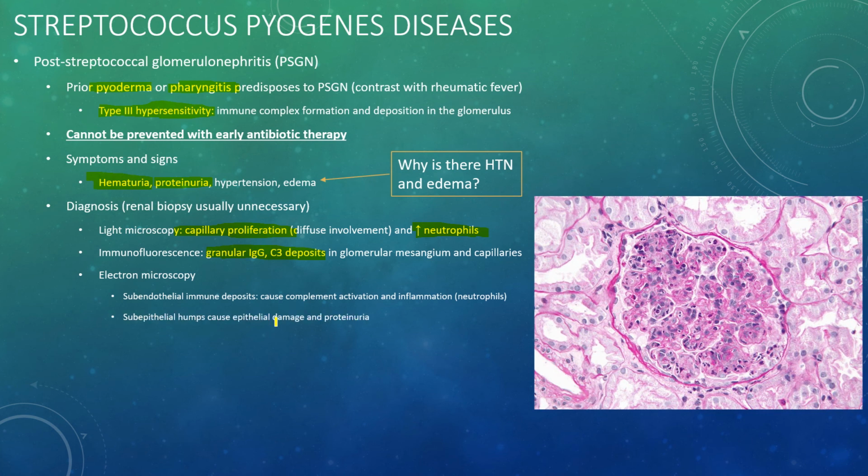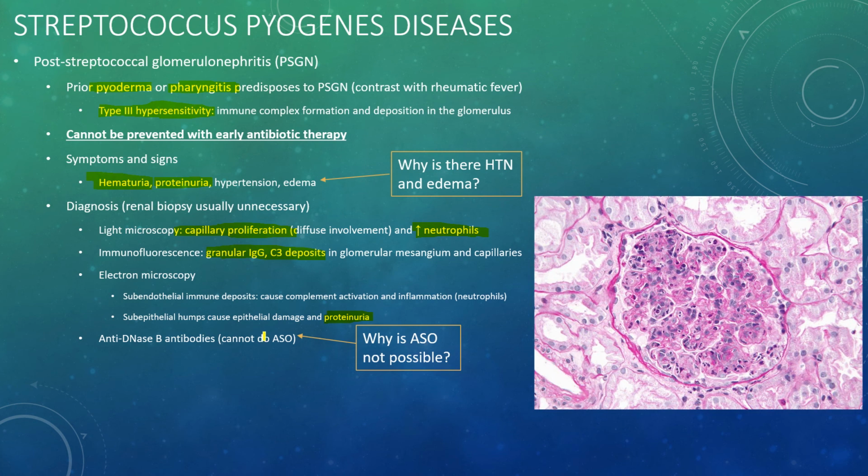And you also have subepithelial humps that cause epithelial damage and proteinuria. So you can have damage to the podocytes, and that can lead to proteinuria due to loss of the charge barrier. You can do anti-DNase B antibodies for post-strep glomerulonephritis, but not anti-streptolysin O. And the reason for this is that anti-streptolysin O actually gets inactive.